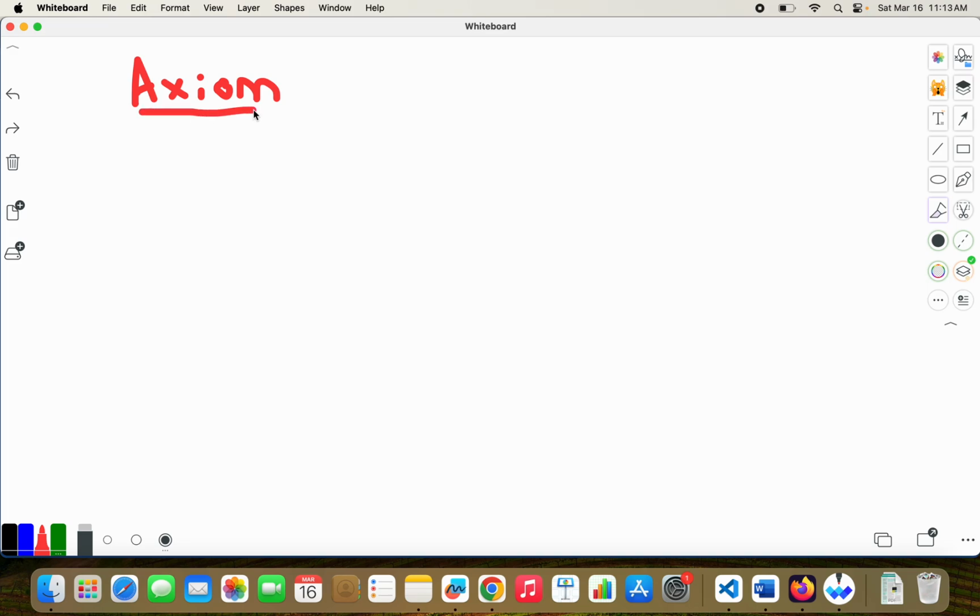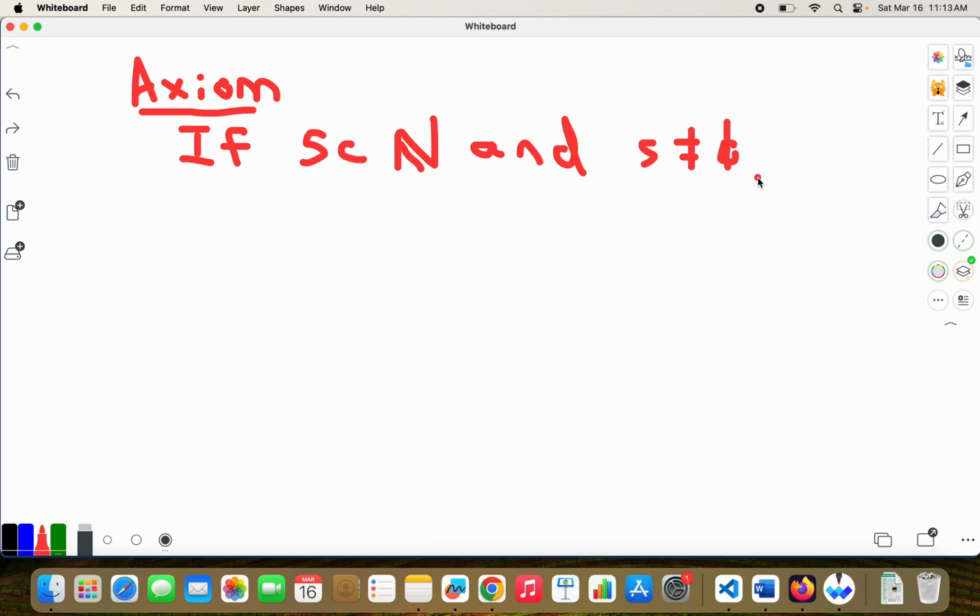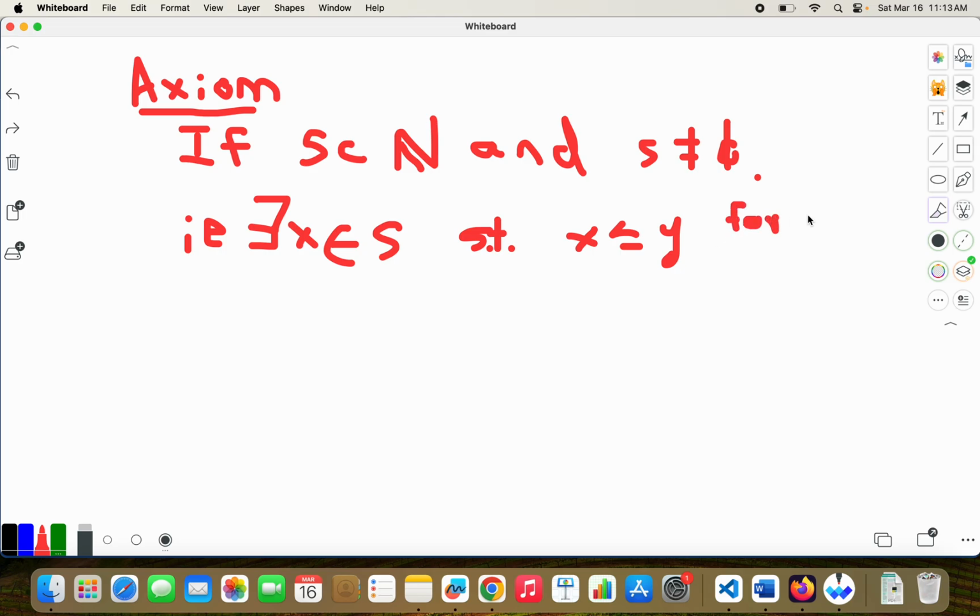Well-ordering property of the natural numbers: if set S is a subset of N and S is not an empty set, then S has a least element, or there exists an X in S such that X is less than or equal to Y for all Y in S.